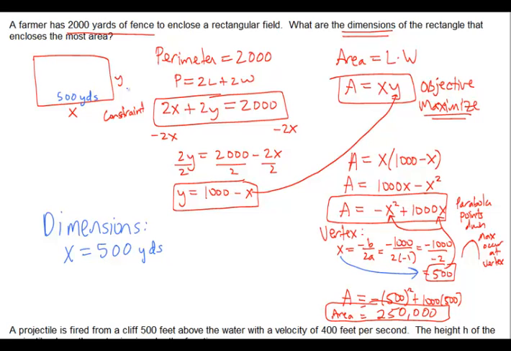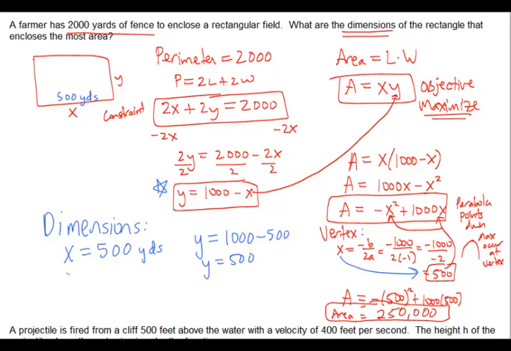Our other dimension is y. So how do we find y? Well, the quickest and easiest way to find y is to go back to your constraint, which is right here, this place where we put our box around y solved for. So if we take our 500 for x and we substitute it in right here, we'll get that y needs to be 1,000 minus 500, which is going to be 500.